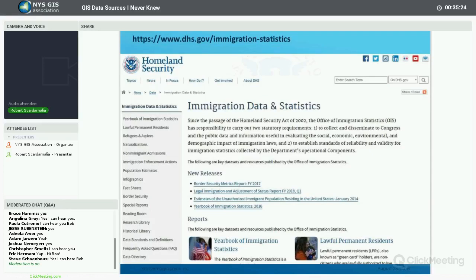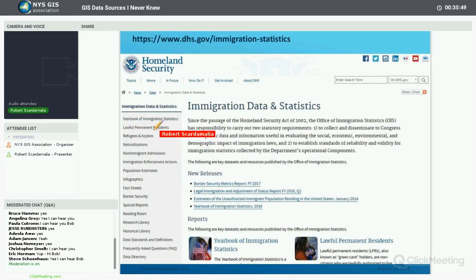There's a tremendous amount of data available on immigration in our country about the process and about immigrants. Every year the Department of Homeland Security puts out this yearbook of immigration statistics and gives you an excruciating level of data about immigrants and our immigration process.